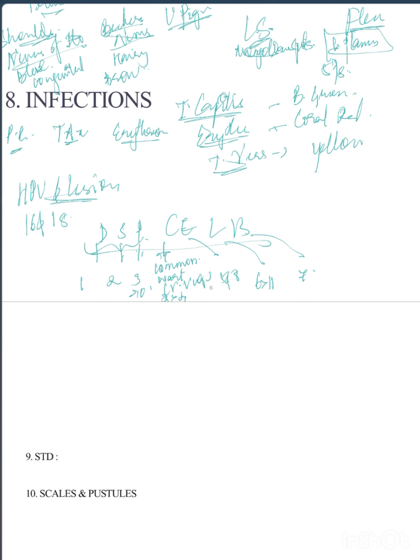Then leprosy wise, you need to study everything. Just remember, in leprosy, as the lesions go from tuberculoid to lepromatous, that means there is deficiency of immune system.